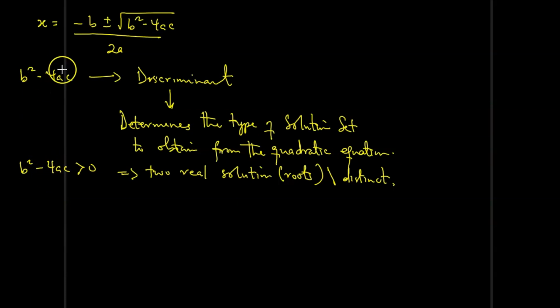Then again, the discriminant as we have here can also be a value. B squared minus 4ac can be a value which is exactly equal to 0.